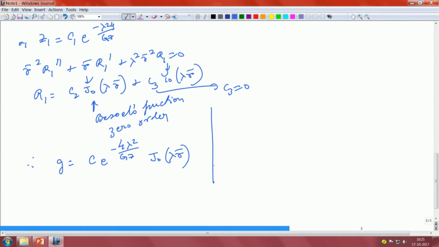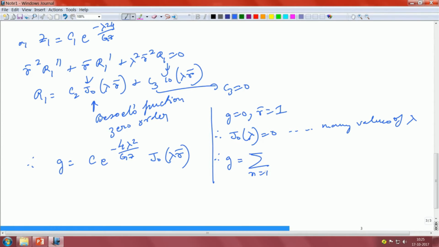Now, of course, you have G equal to 0 at r bar equal to 1, so this implies that J naught at lambda is equal to 0. There are many values of lambda. So your G should be the sum from n equal to 1 to infinity of Cn exponential minus 4 lambda n square by Gz J naught lambda n r bar.